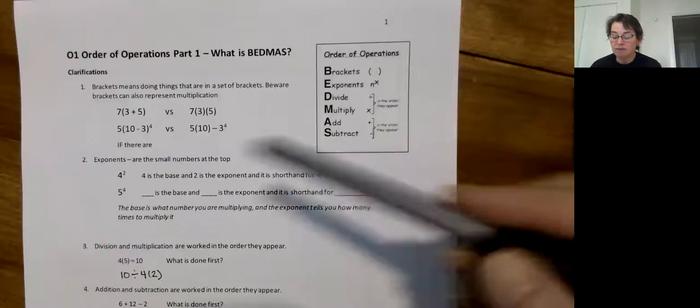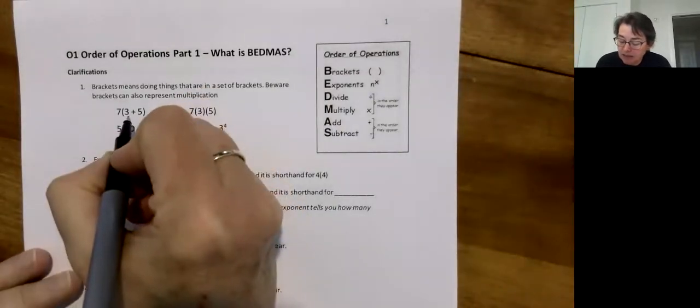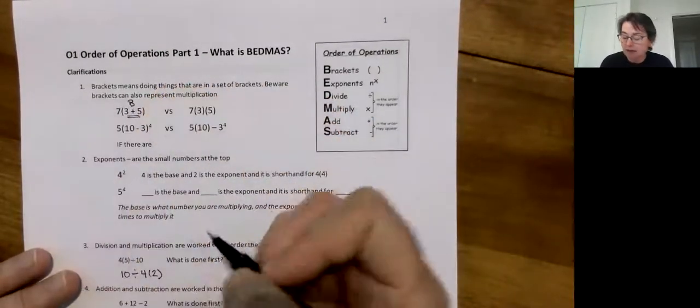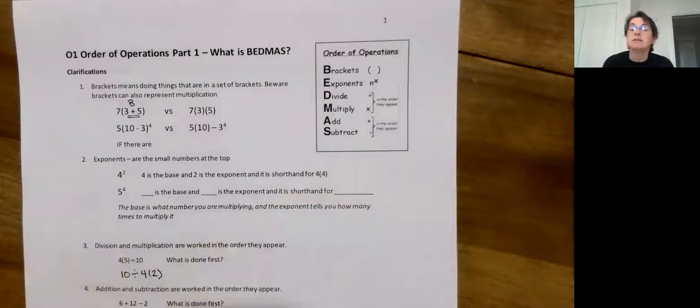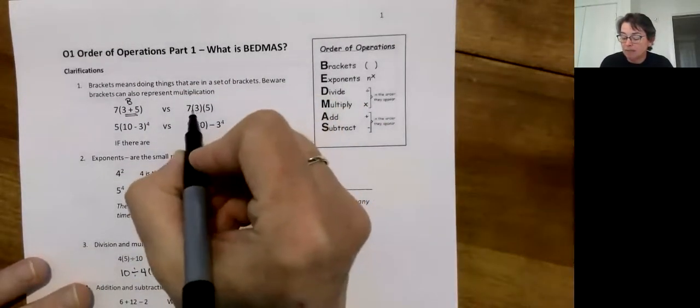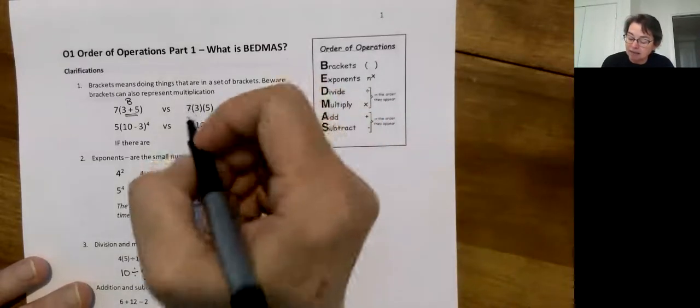So I want to do a few clarifications first and a little practice, and that'll be actually all this video is. First thing to know is the brackets mean if there's something in the brackets to actually do. So if you look at this question, there's something in the brackets to do. So this is brackets, and it's going to be the first thing you would do in that question, whereas this is multiplication, because even though there's brackets, there's nothing to do within the brackets.